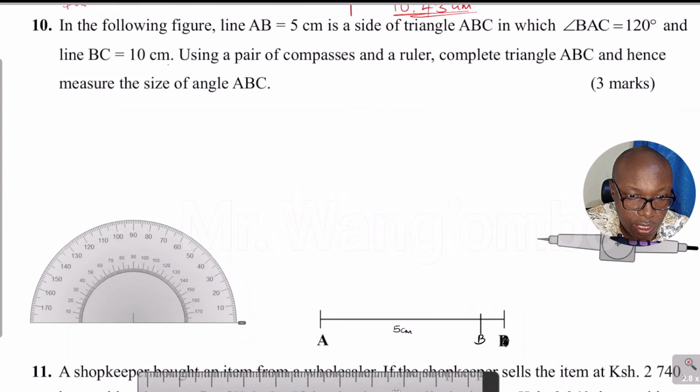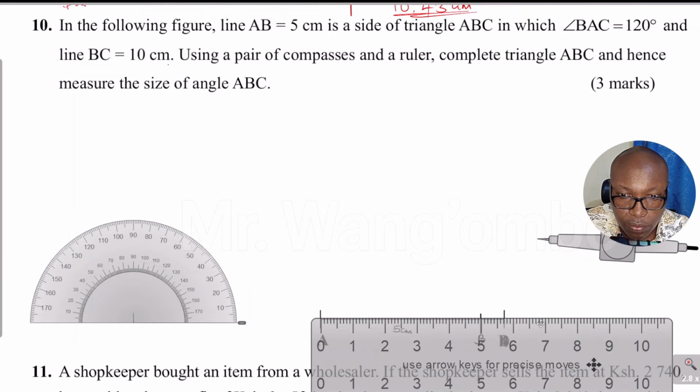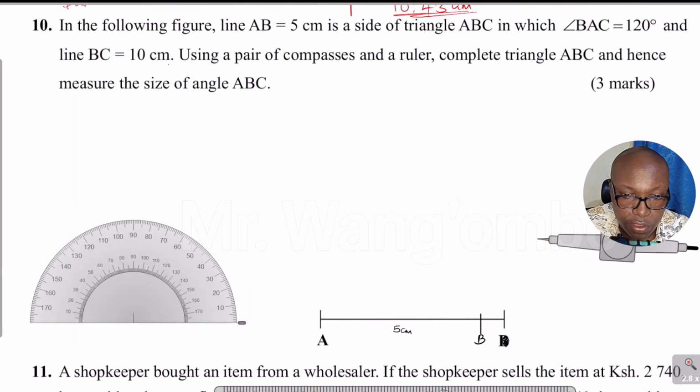If I measure that to confirm, you can see that it is indeed 5. So the angle that you're supposed to start by measuring, using a ruler and a pair of compasses, is angle BAC. So that means C is somewhere around here.